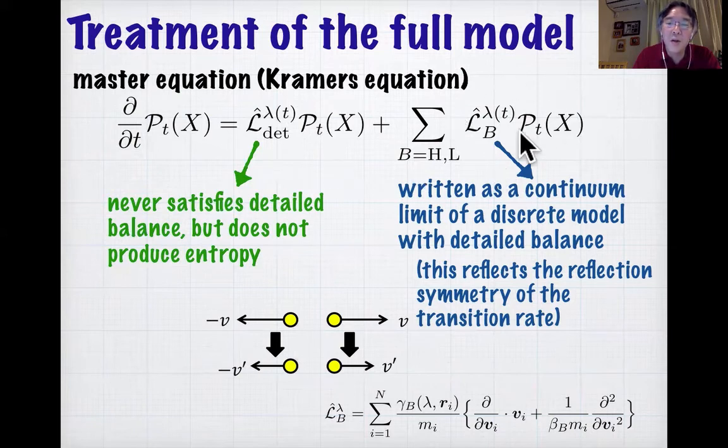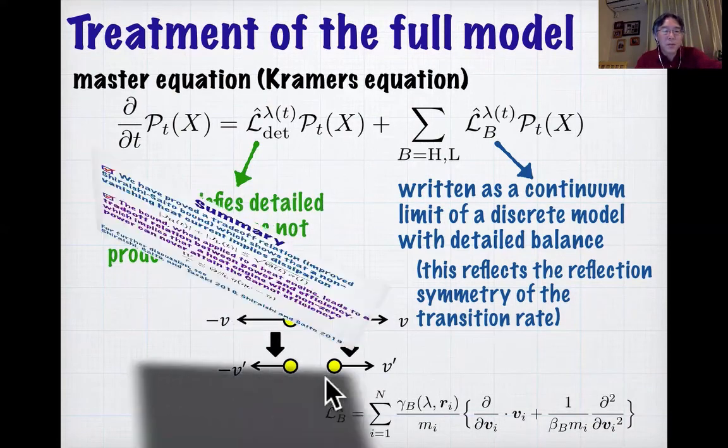And here, also, it does not naively satisfy detailed balance, but this can be written as a continuum limit of a discrete model with detailed balance condition. And this actually comes from the reflection symmetry in the transition rule. Well, you can find details in our paper.